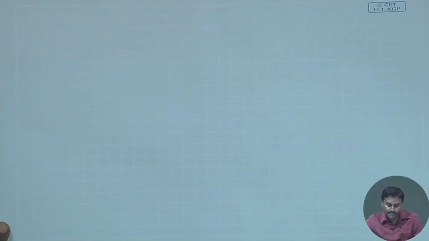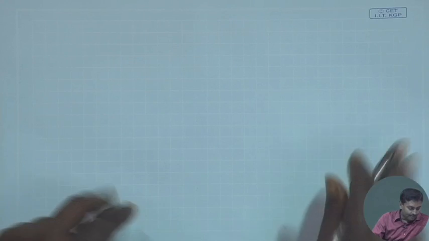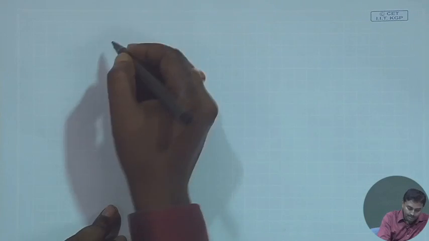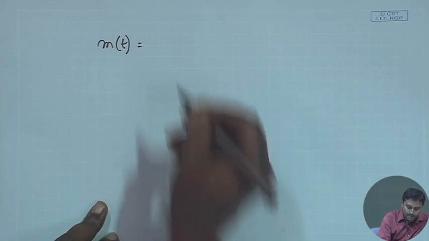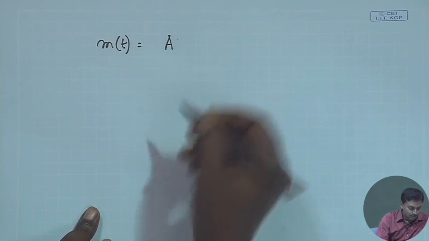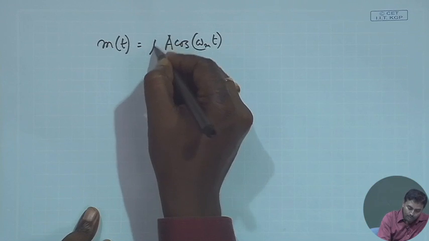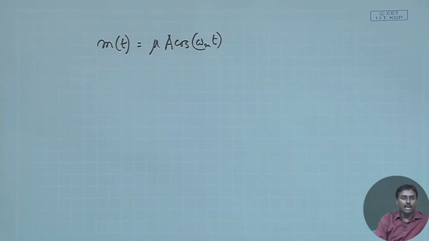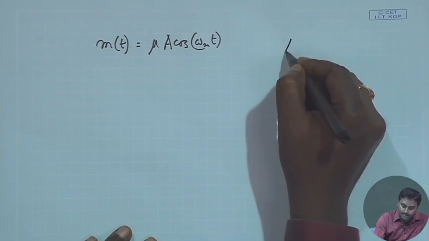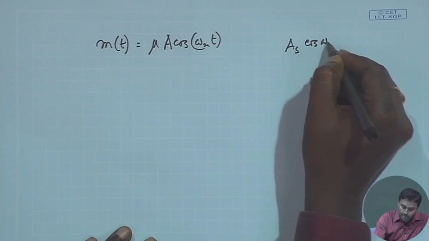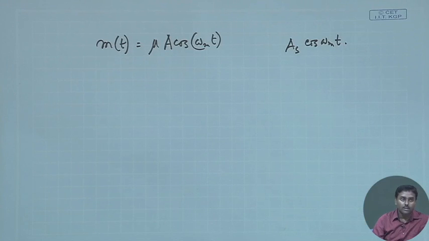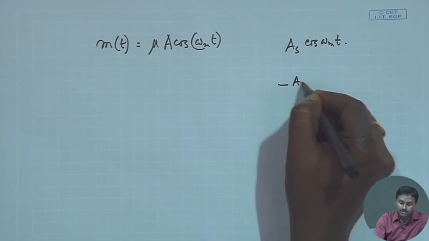Suppose I have a tone modulation. So, my m(t) is A cos omega m t, and I have a modulation index of mu added to it. If I just write it as AS cos omega m t, what is the lowest value of that? It is minus AS.